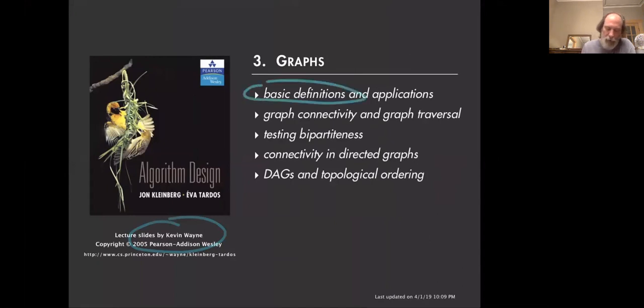In this section, we'll review some basic graph definitions and look at two applications, connectivity and testing bipartiteness. And in the following lecture, we'll examine connectivity in directed graphs and topological ordering of directed acyclic graphs.